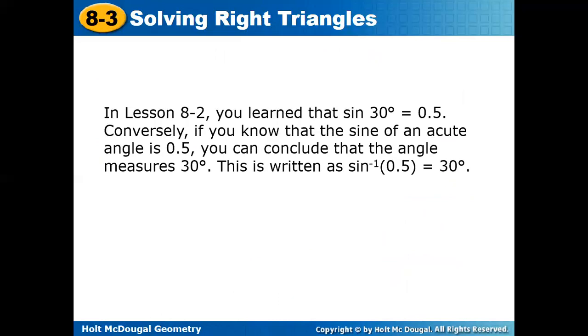Remember, in the previous lesson, you learned that sine 30 you can calculate with your calculator or with a special right triangle, which is equal to 0.5 or half. Conversely, if you know that the sine of an acute angle is 0.5, you can conclude that the angle measures 30 degrees.